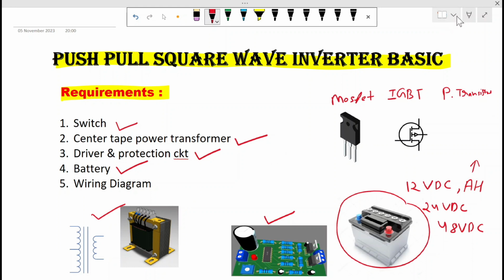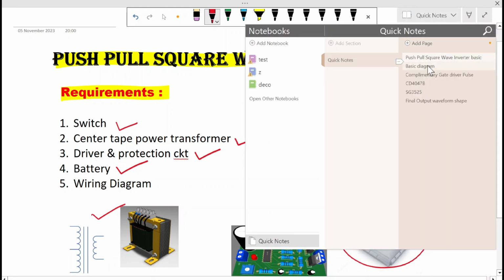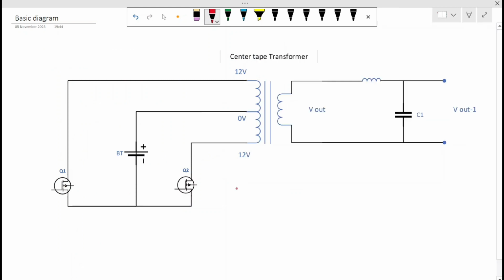Now we will go to the basic diagram of the inverter. Here I have made the diagram. This is the basic diagram of the inverter, in which the transformer is connected in such a way that its secondary is on the higher side. This is the secondary and this is the primary, in this condition when we are making a step up inverter.